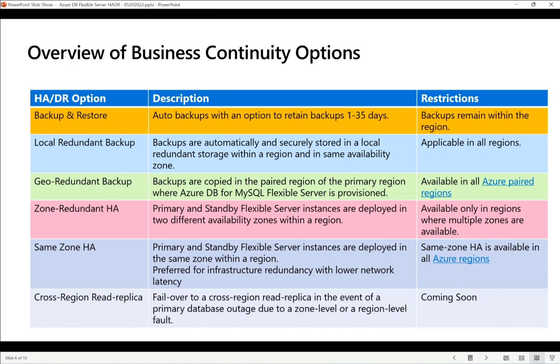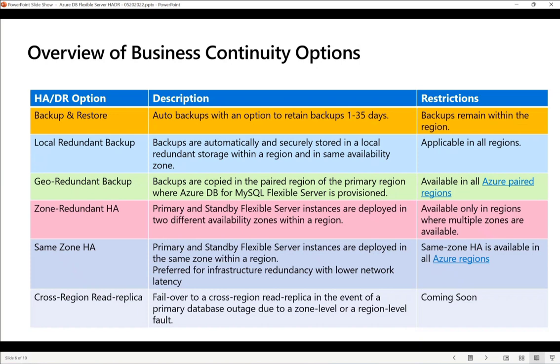There are 2 scenarios we have seen when it comes to failover. One is the planned failover, in which case you can monitor the replication lag, and when your replication lag is 0, you can switch your read replica to a read write instance. Second is unplanned. If it's an unplanned outage and you want to switch your read replica to a read write instance, there is a potential for data loss, but you can check that based on the replication lag between these two instances.